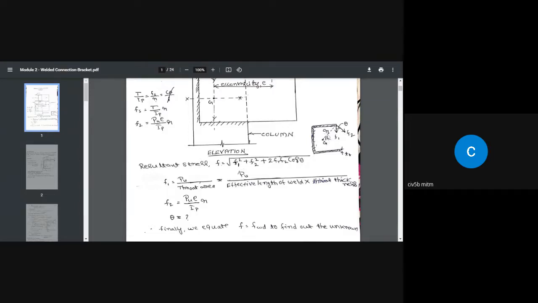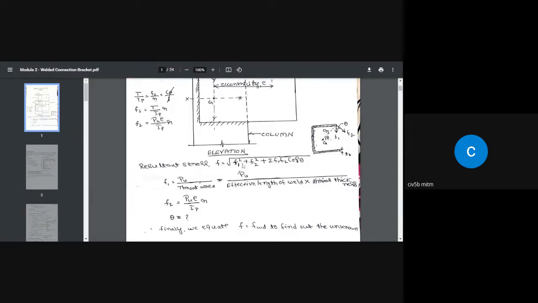When this is theta, this is also theta. From here, by considering this triangle and by knowing the values of this portion and the values of this portion in this triangle, we can find out what theta is. That theta can be placed here, and that theta is going to be made use of in this equation, to find out finally what F is.